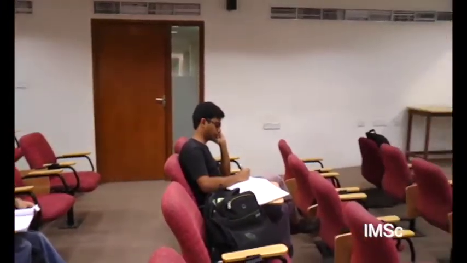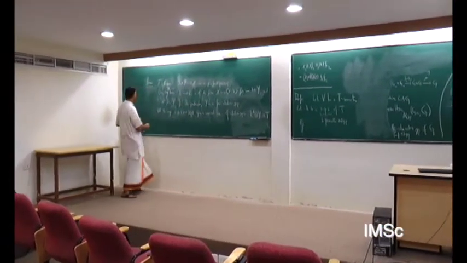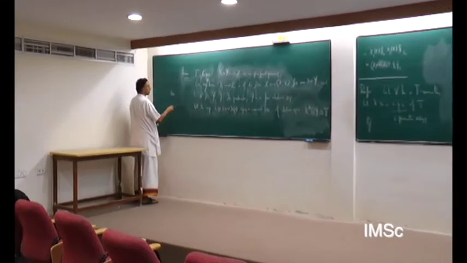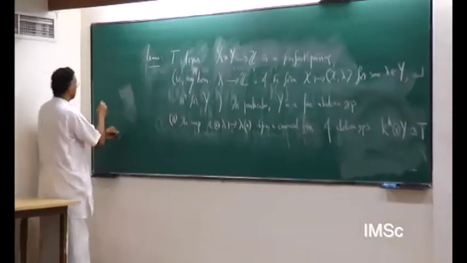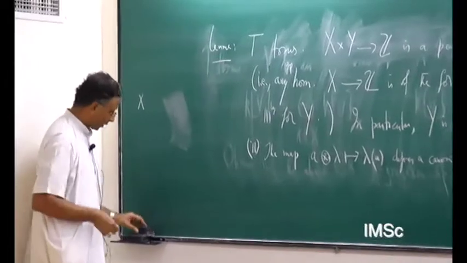In that statement you're making, X to Z is a group homomorphism. Yes, any abelian group homomorphism, yes. X is an abelian group, so X to Z is of the form... This is what it means to say it's a perfect pairing. What this amounts to is that Y is equal to... once you have a pairing, you might have seen this in vector spaces too.